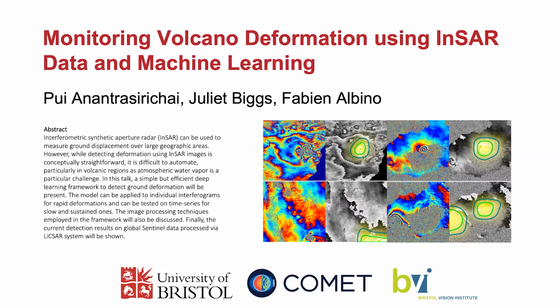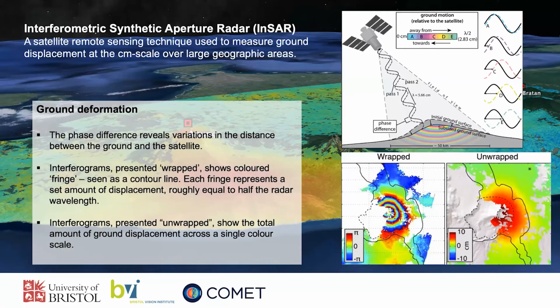First of all, I will present a little bit of what InSAR is. I think most of you already know, but for some new people, InSAR is the technique that uses radar transmitted from a satellite to calculate how the ground changes, how it's deformed, how much the ground moved. Basically, the satellite sends the radar signal to the Earth, it gets reflected back, and the satellite records that signal.